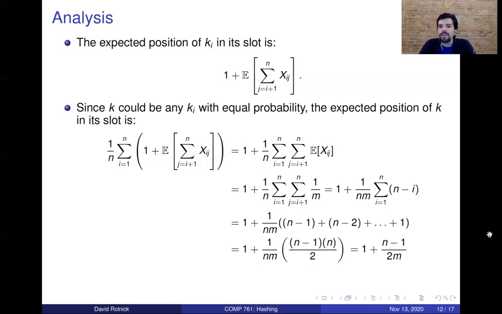So what's the time that it takes to search for k? The expected time. This is the expected position of k within the slot that it's in.